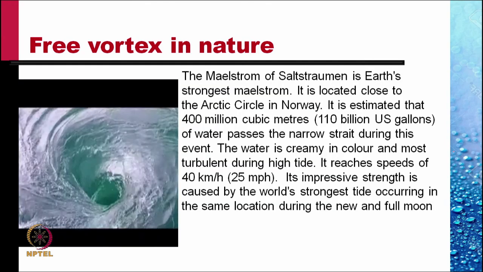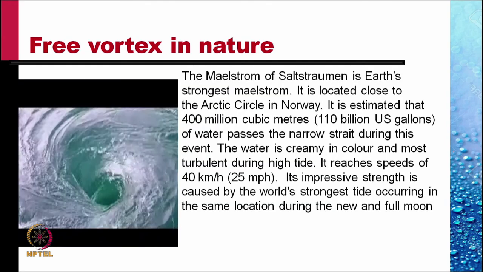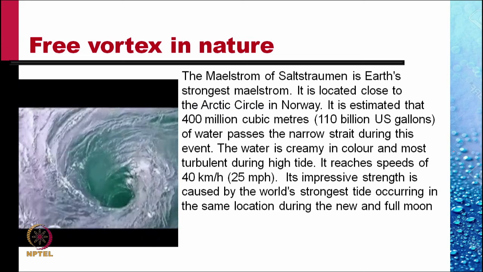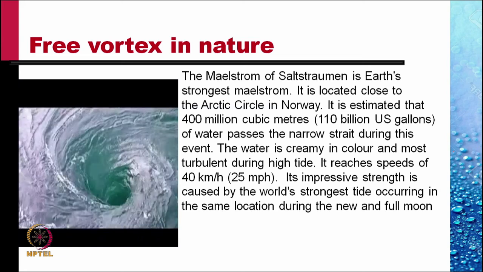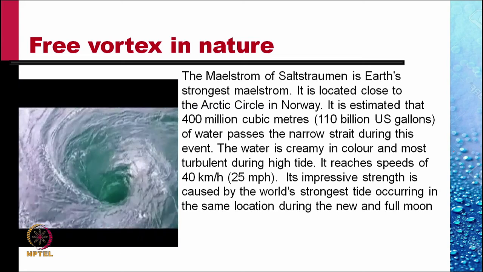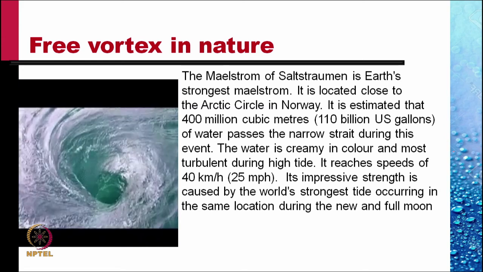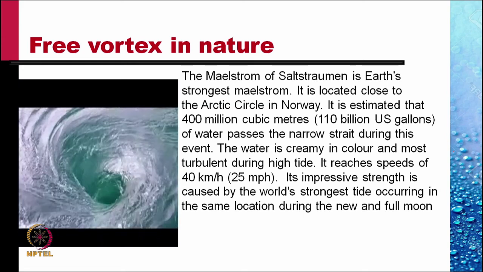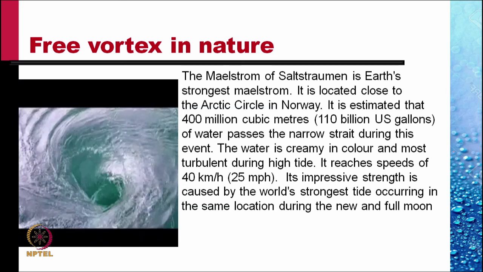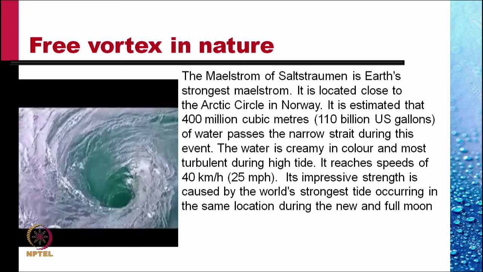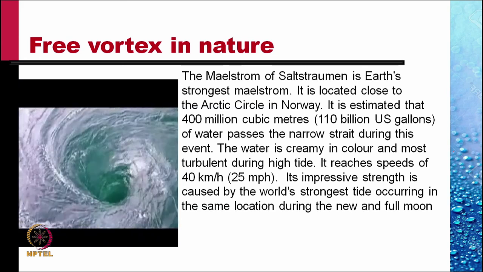Vortices are very common in nature. They're found in oceans as whirlpools, in the atmosphere as tornadoes. There are huge vortices in the ocean. One of the largest ones is located close to the Arctic Circle in Norway.